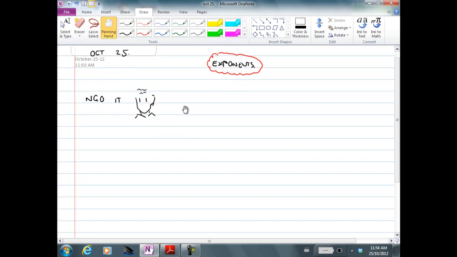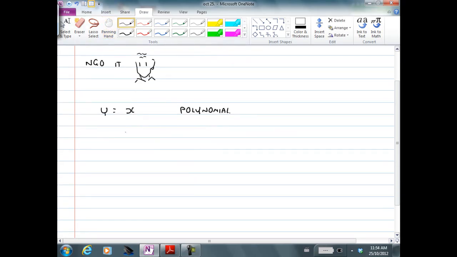Guys, exponents. Why? Last week we did y equals x something. This was called a polynomial. And I taught you about something called parabolas. These were really fun, easy stuff.